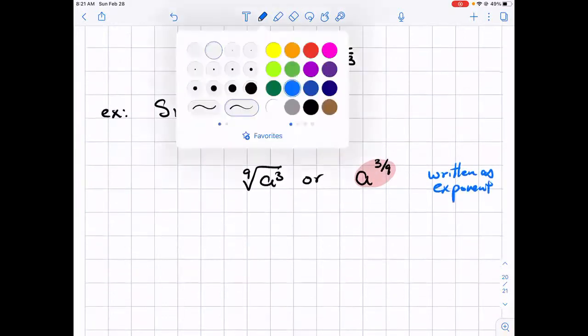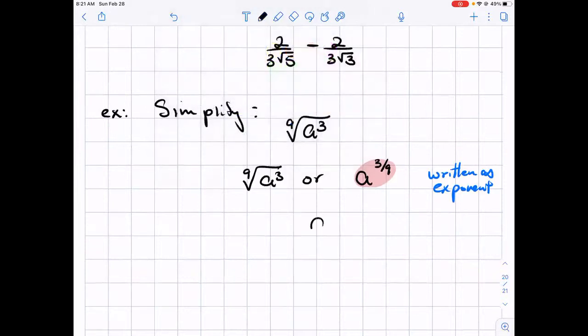And this becomes a to the 1/3 power, which is really the cube root of a.